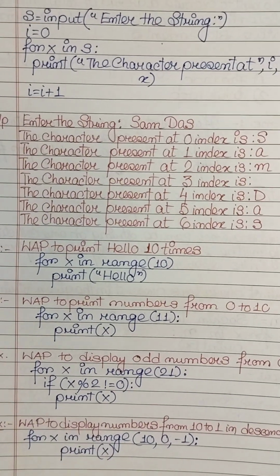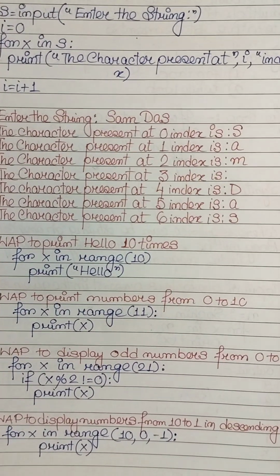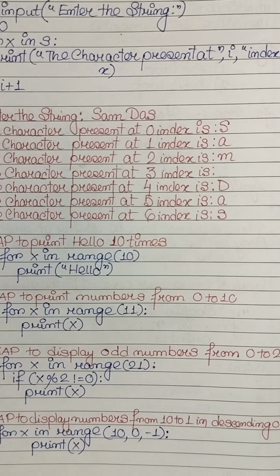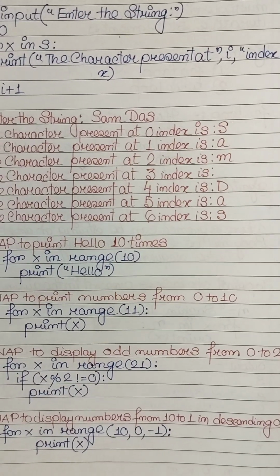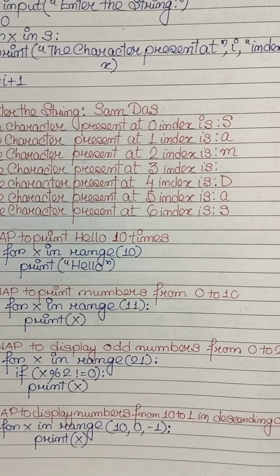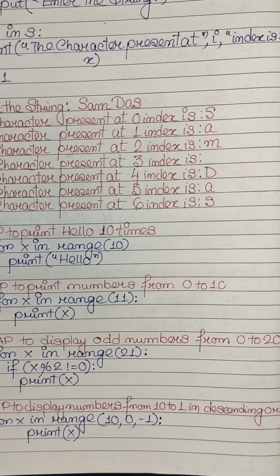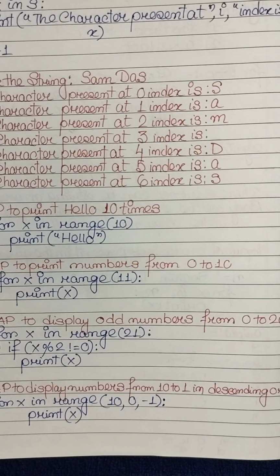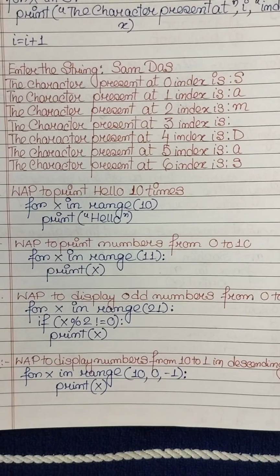So I have entered the string Sam Das. The character present at index 0 is S. In x we have S, and in i the index number. The character present at index 1 is A. The character present at index 2 is M. The character present at index 3 is nothing, because there is a blank space.